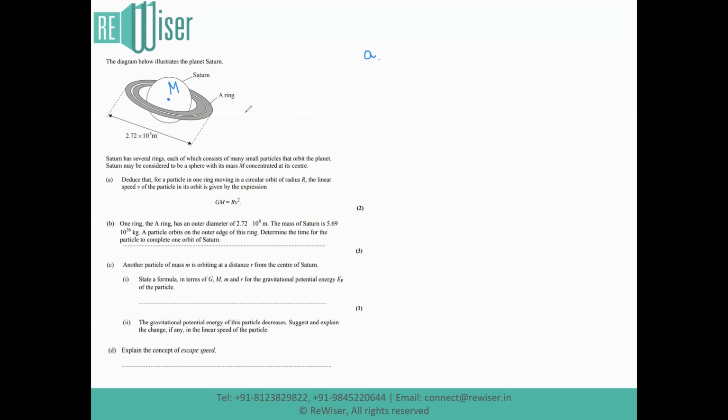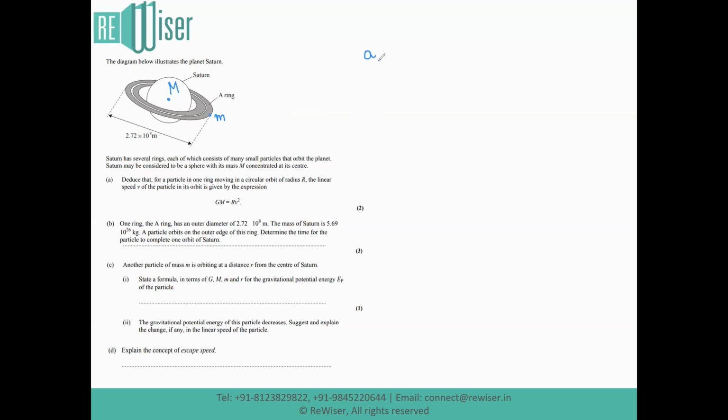The prerequisite is as follows. We understand that the particle here has a mass m and it is at a distance of R from the center of the planet, that is Saturn.